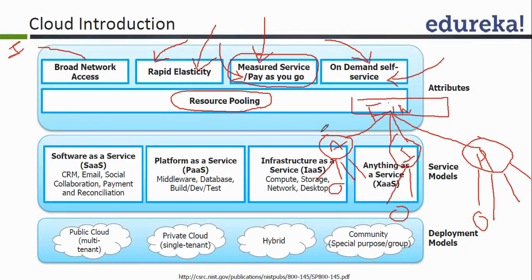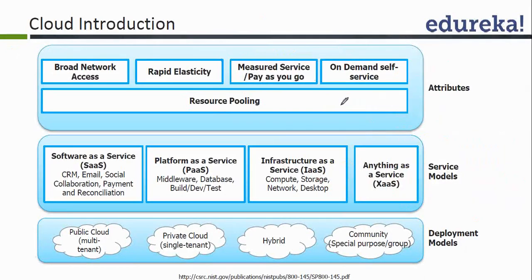Coming back to the 5 key characteristics, now I present the definition of cloud computing. Any business service, take email, collaboration, database, web applications, is it available over the internet? Whenever I need it, is it available immediately?